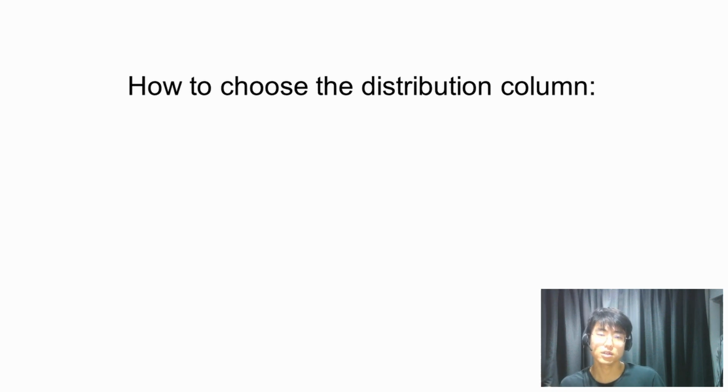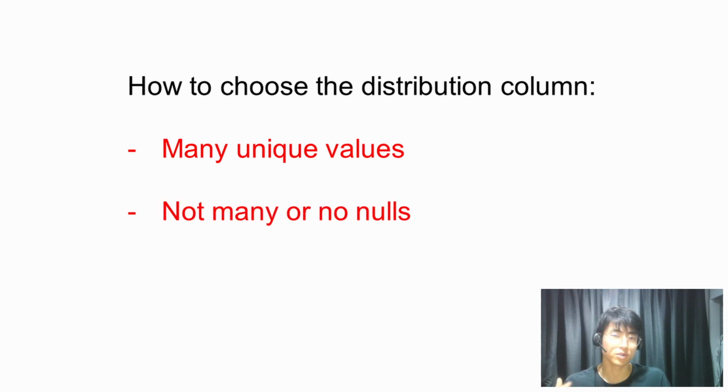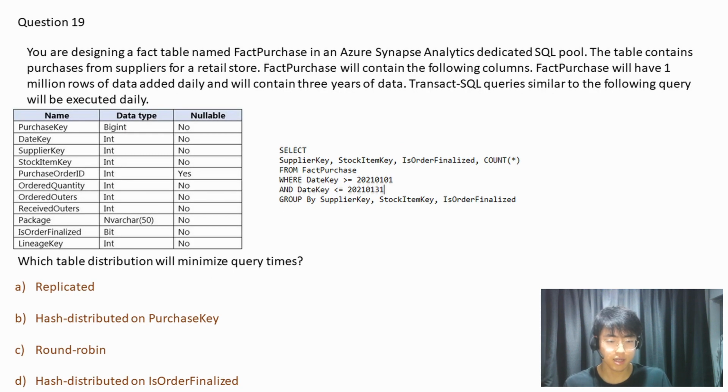The first recommendation is that there should be many unique values in the column. Second, there should be none or almost no nulls. Third, it shouldn't be a date column. So looking at our options here, we can rule out D because the column is OrderFinalized.